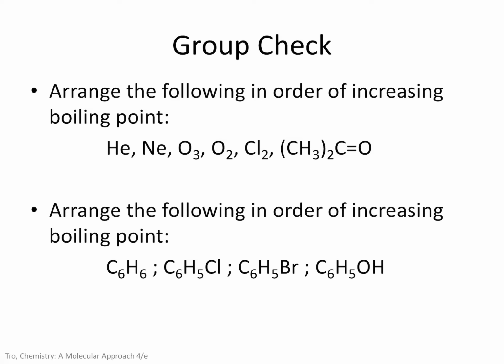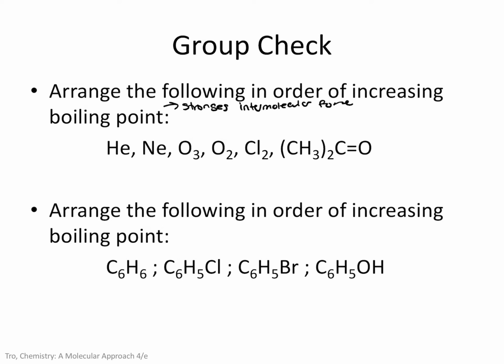So what do we have here? We have helium and neon, O2, Cl2, and then a compound. Now, increasing boiling point means increasing strength of intermolecular forces. The stronger the force, the harder it is to break up, the more temperature it takes to boil. So what are my molar masses?